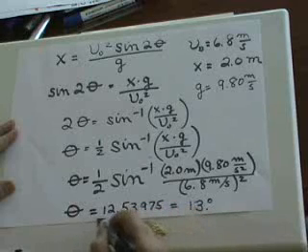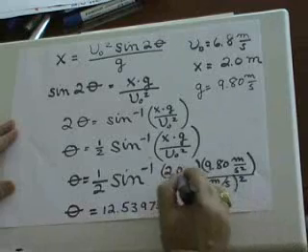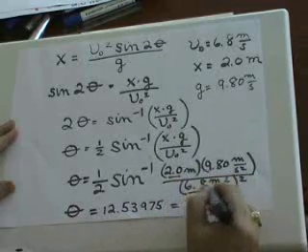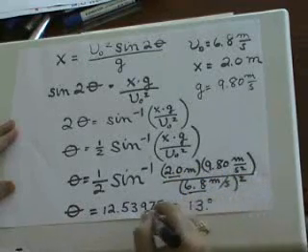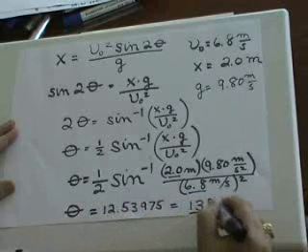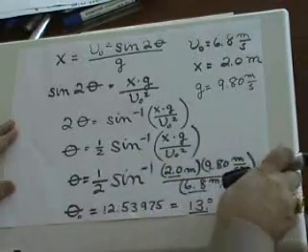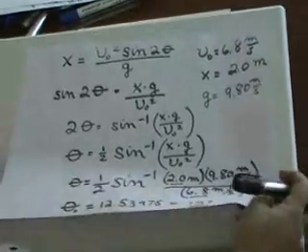Again, that's too many numbers, so we go back and look at how many we were given. We have 2 significant figures here, 2 significant figures here, so we want 2 significant figures, and we reduce this to 13 degrees. That is our theta, or theta naught, the first angle of projection.